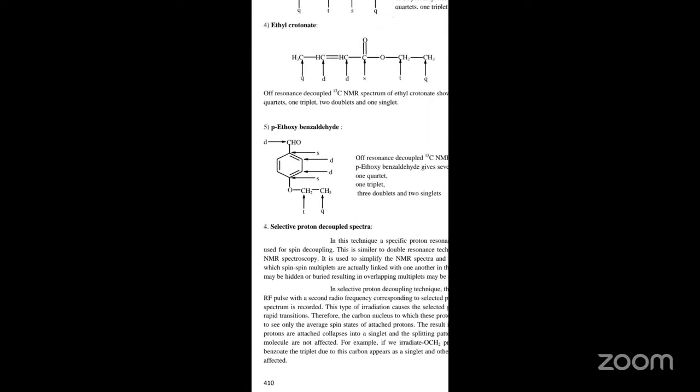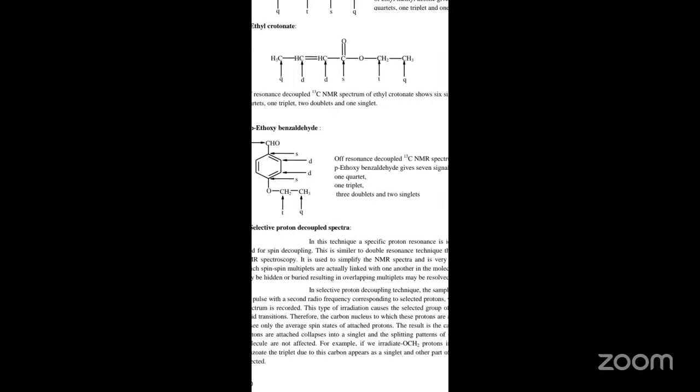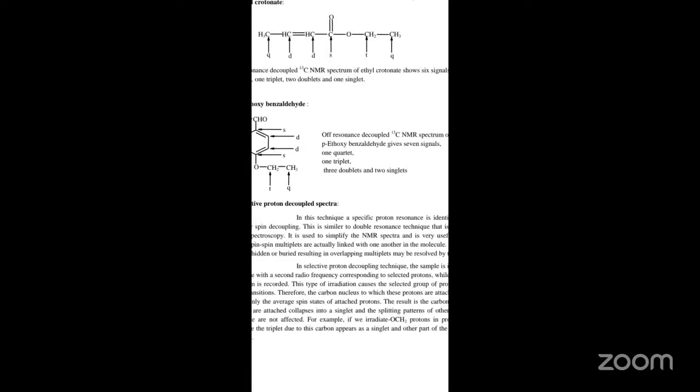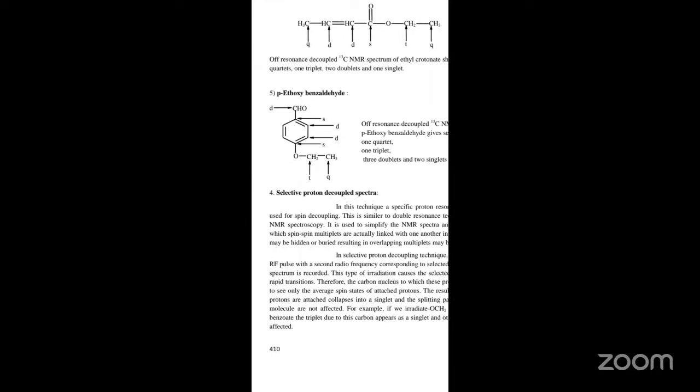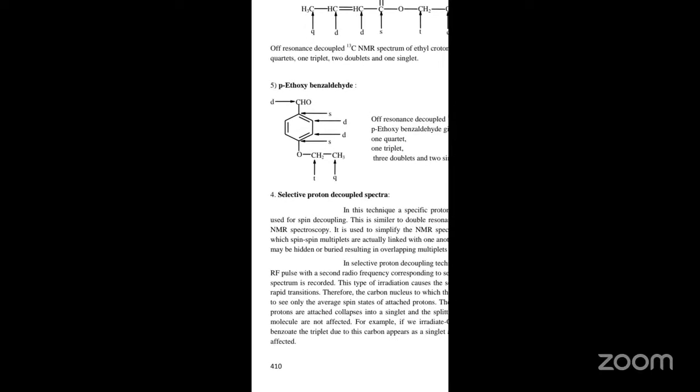And para-ethoxy benzaldehyde. So if you see the off resonance decoupled C13 spectra of para-ethoxy benzaldehyde, this particular aldehyde carbon appears as a doublet because it is attached with one hydrogen here.